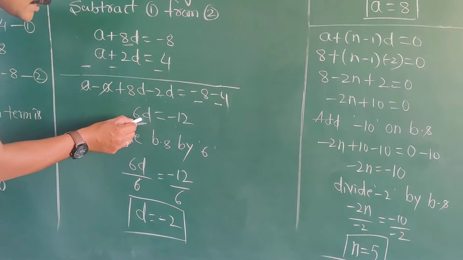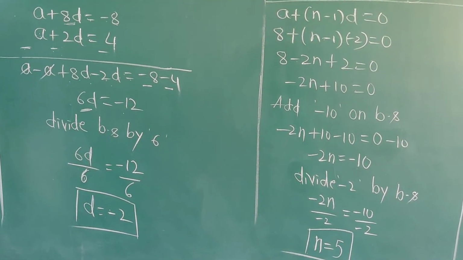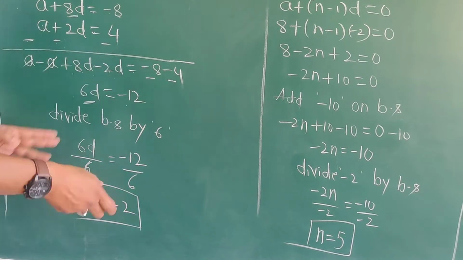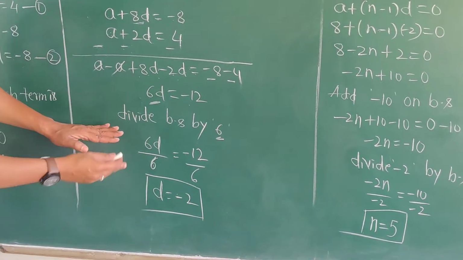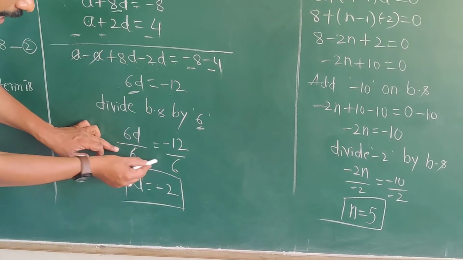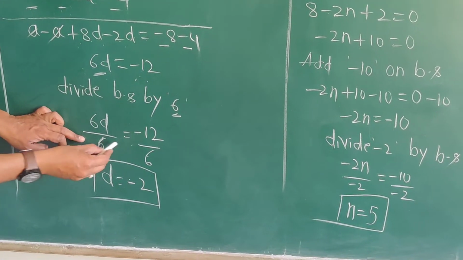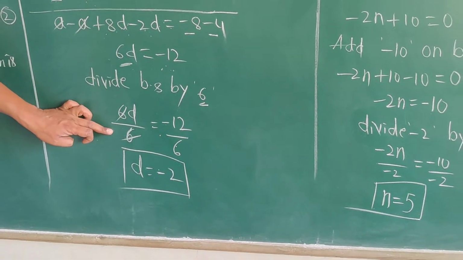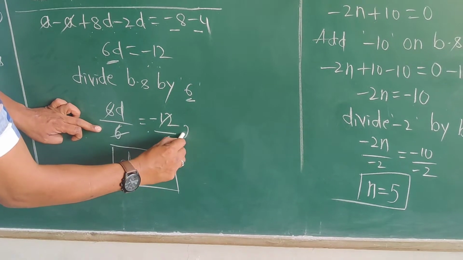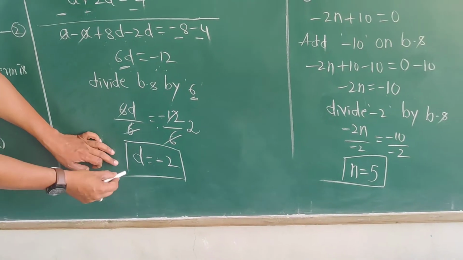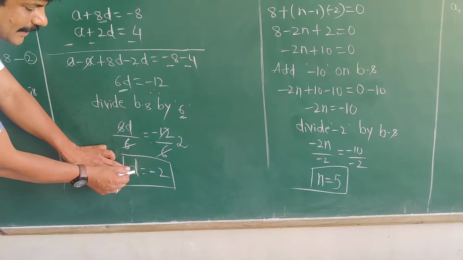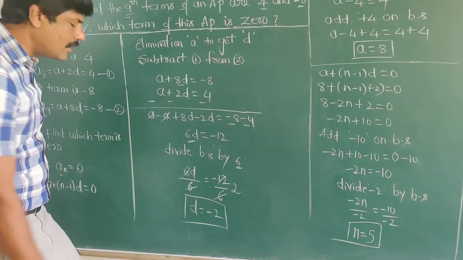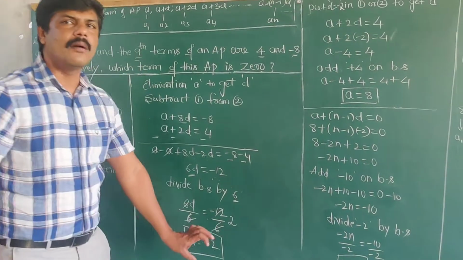We have got 6d is equal to minus 12. Now divide both sides by 6. When you divide both sides by 6, the 6 gets cancelled. 6 twos are 12, and we have the value of d. d is equal to minus 2. We got the value d is equal to minus 2.